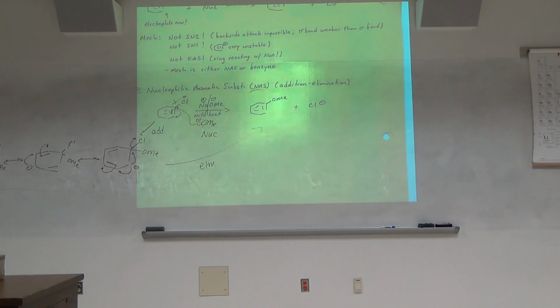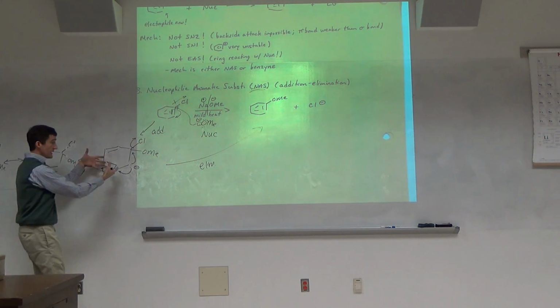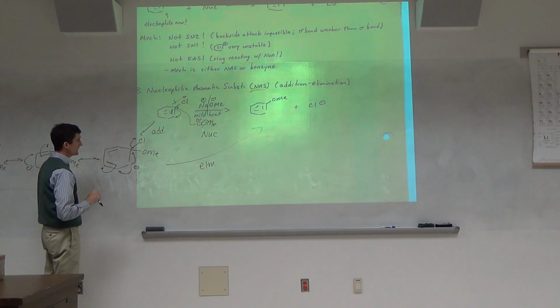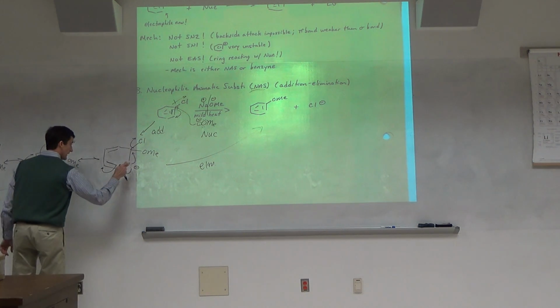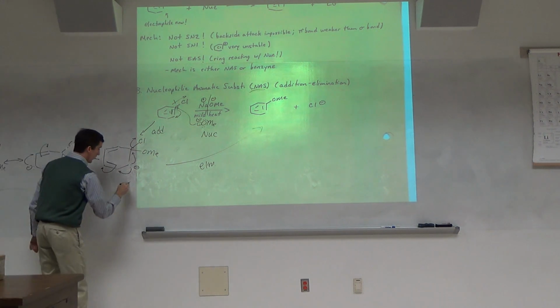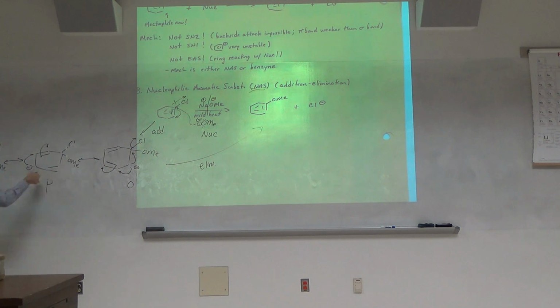Give it more resonance. Or add electron-withdrawing groups. That would stabilize it if you have something to withdraw. This reaction needs electron-withdrawing groups either here, here, or here. Ortho to where it's happening, para to where it's happening, or ortho to where it's happening.